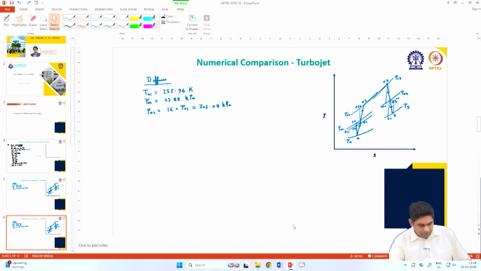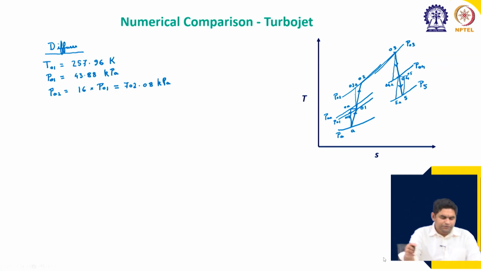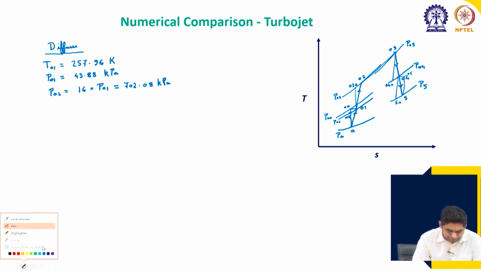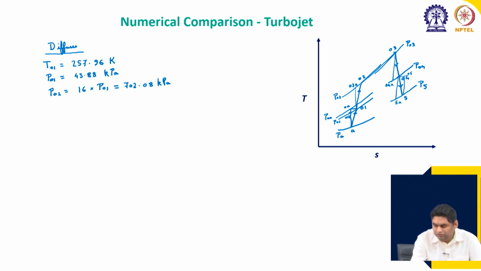So, we will come back to the present slide, and P02 we have found. The next thing that we have to find is T02s. Okay. So, from P02 we have to first find T02s and then we will be able to find T02. Okay.